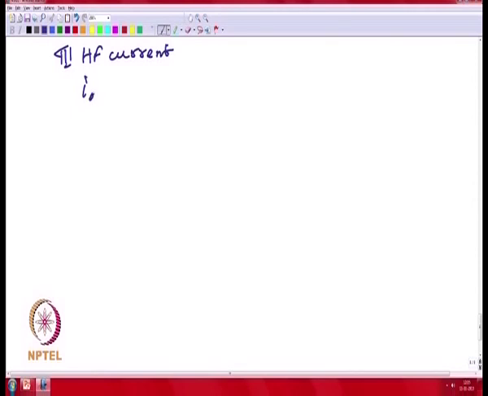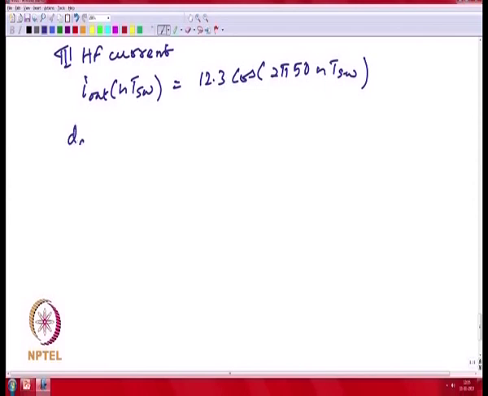We know our I out at NTSW is 12.3 cos, and we are using modulation method 1. So dA of NTS is 0.5 plus your output voltage is having a peak value of 230 root 2.